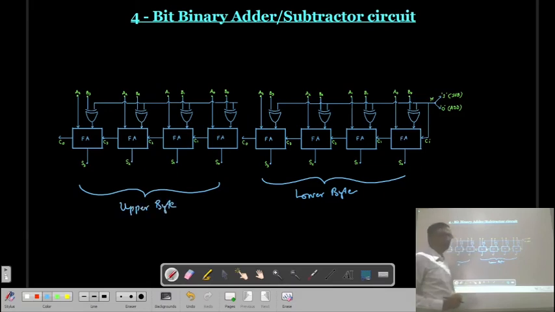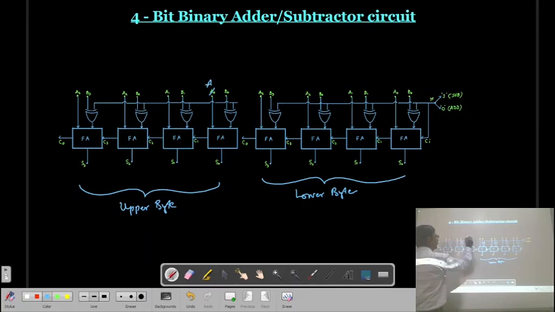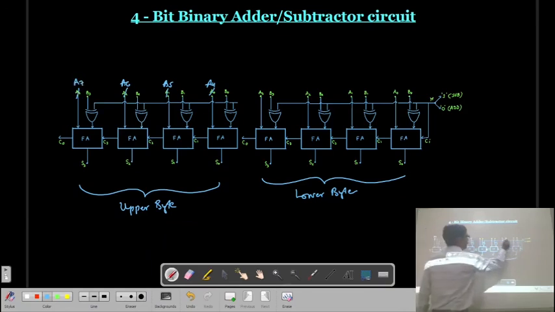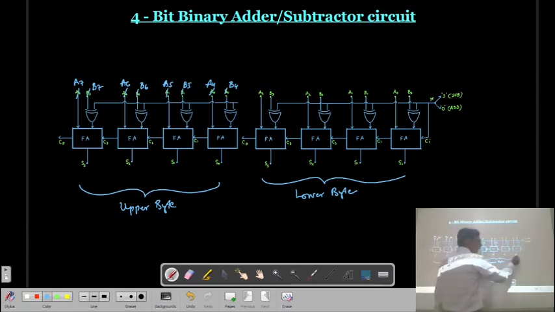What kind of modification do you require? These numbers are A0, A1, A2, A3. Now these numbers will be A4, A5, A6 and A7. Same way B0, B1, B2, B3 are there. Then we have B4, B5, B6 and B7. This sum is S0, S1, S2, S3.